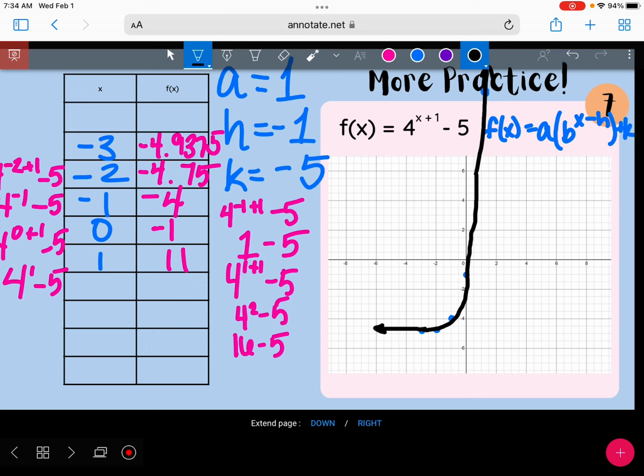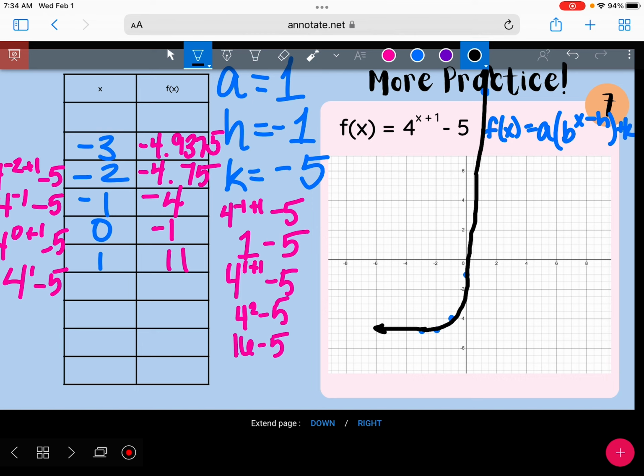What comes right after -4.9? A whole number. -5. What do you guys notice about our equation and -5? -5 is our what value? Our k value. So what this shows us is that our k value is our asymptote, okay?